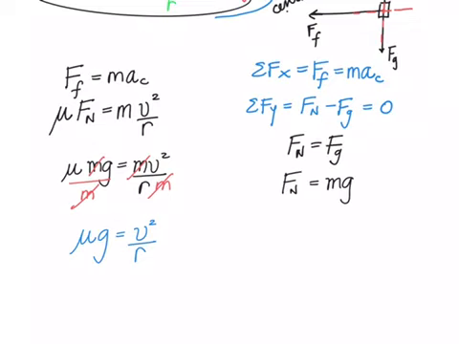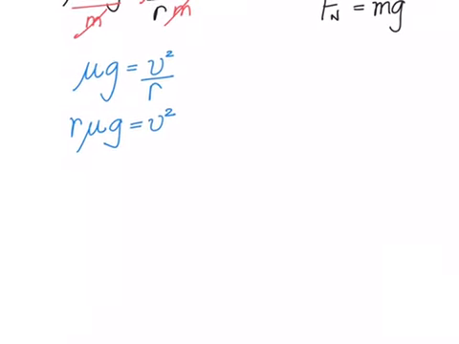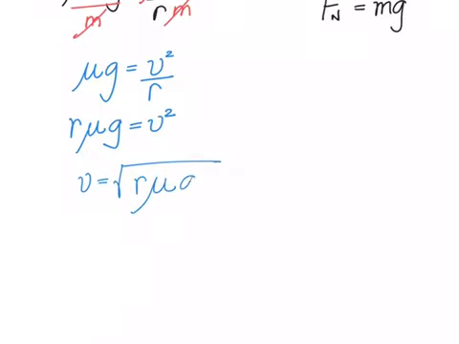So if I multiply by r on both sides, I'll have r times mu times g is equal to v squared. Don't forget that. Then we'll take the square root of both sides. So that means that v would be the square root of r mu g.